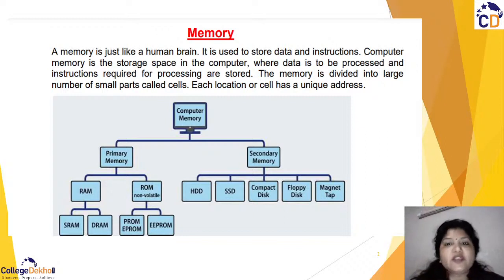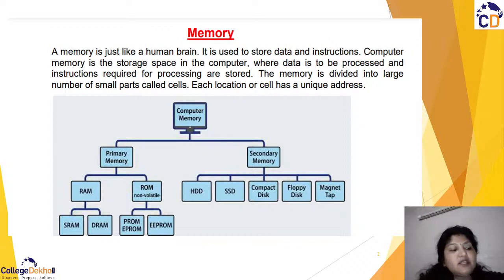So where data is stored, where it is processed, where it is sent to the computer for performing the particular action. Like our neurons send messages to the human brain, and then it reverts, and then we react. It is the same with the memory in our computer.